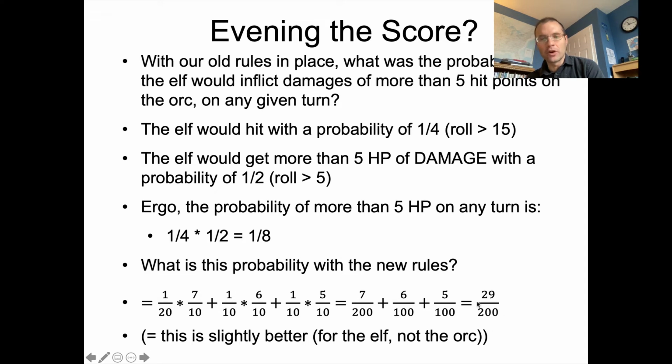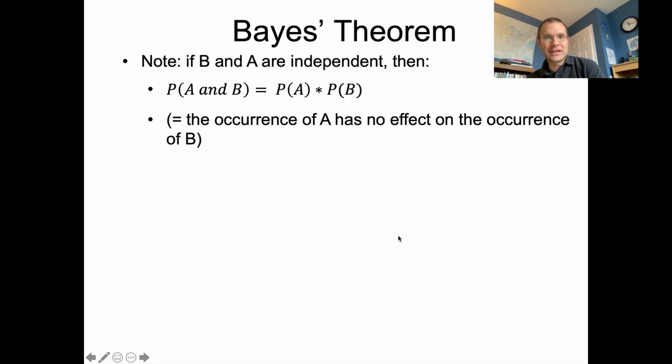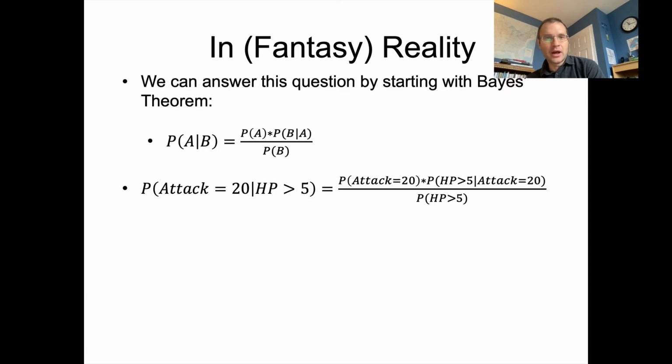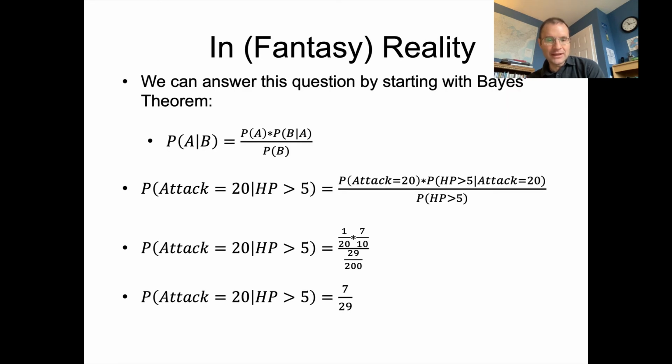That gives us an overall probability of 29 out of 200 for getting more than 5 hit points of damage in this particular case. 7 of those 29 chances come from this first scenario of rolling a 20 on the attack roll. So you can think of it like that. It gets you into the same place at the end. But that's the probability, and that's how it would look using Bayes' theorem in this particular case.